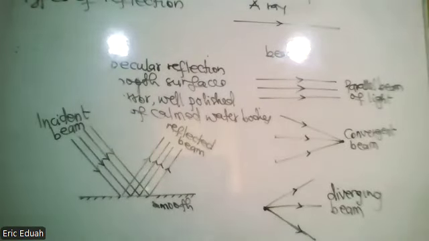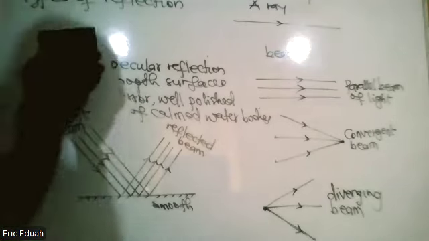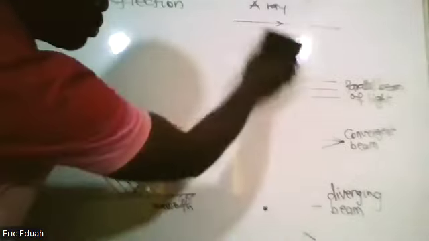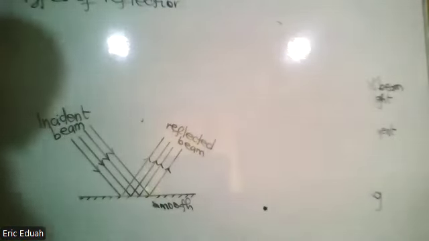In regular reflection, this is a reflection which occurs on smooth surfaces. Examples are what we've mentioned. Here we have a beam of light incident in that regular manner, and because the surface is so smooth, the reflected beam is also in that regular manner.